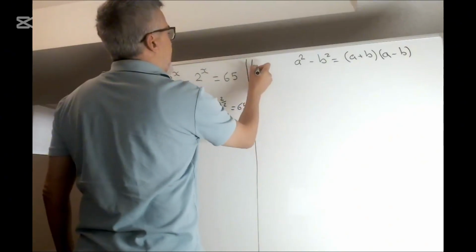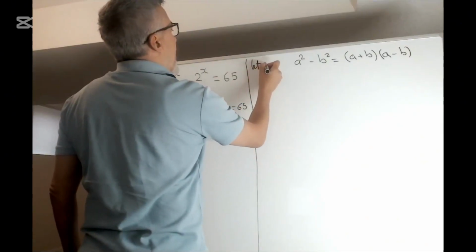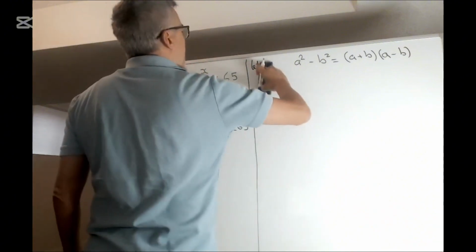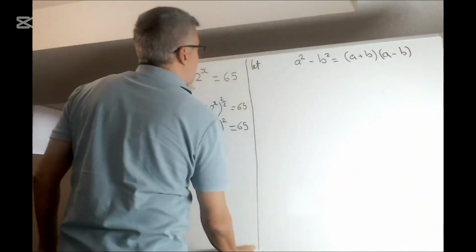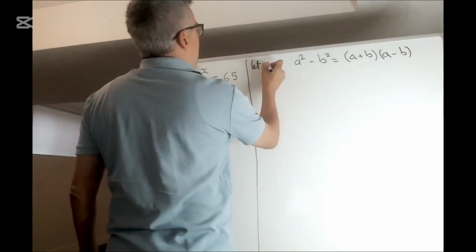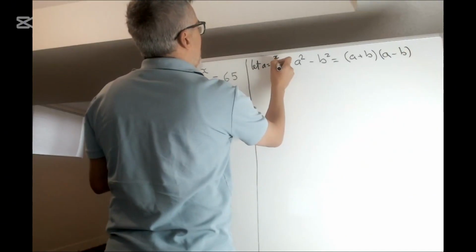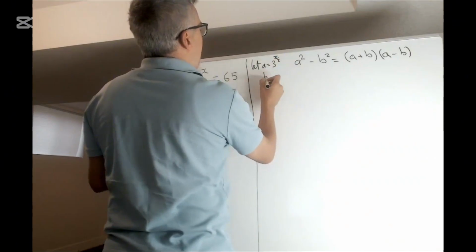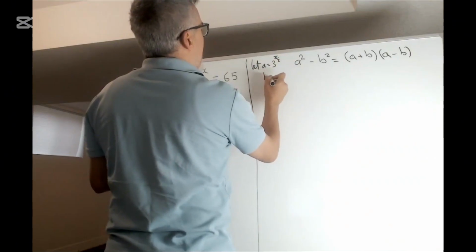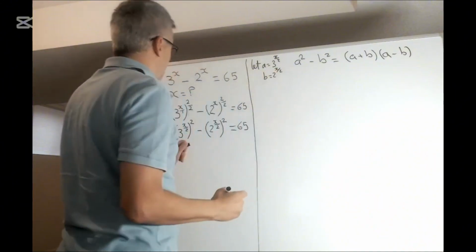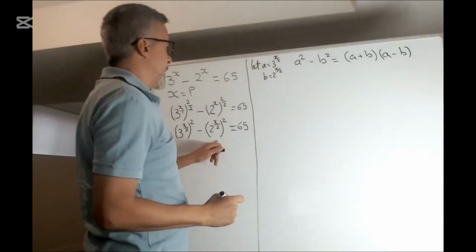I'm going to let a be the 3 to the x over 2, and b be the 2 to the power of x over 2.